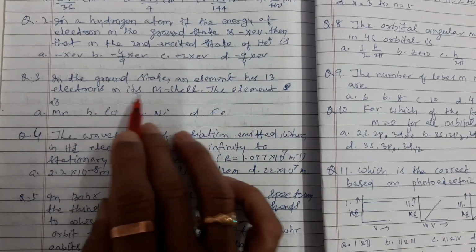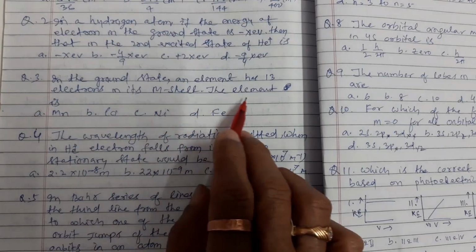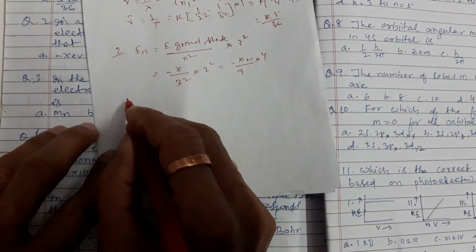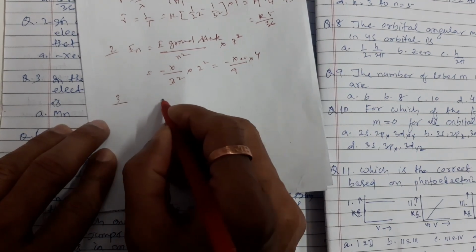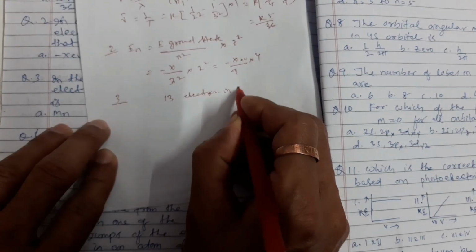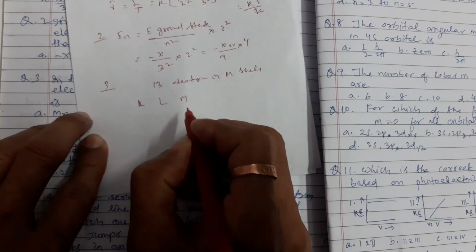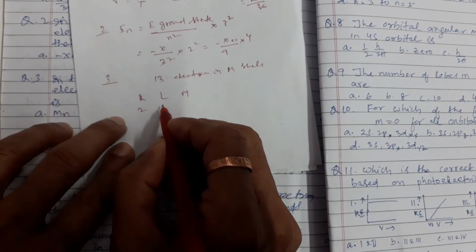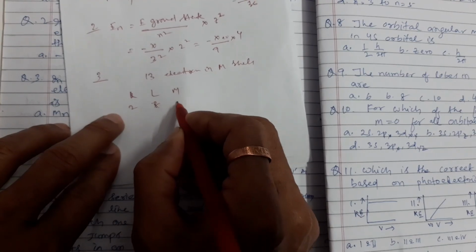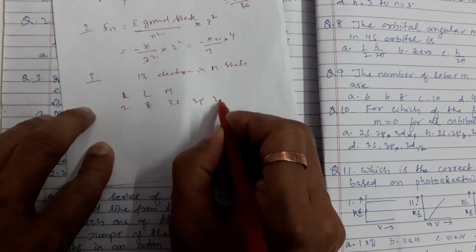Next, in the ground state, an element has 13 electrons in its M shell. What is the element? Question number 3. 13 electrons in the M shell. So you write K, L, M. K is 2, L is 8, 2s and 2p, then M starts: 3s, 3p, 3d.